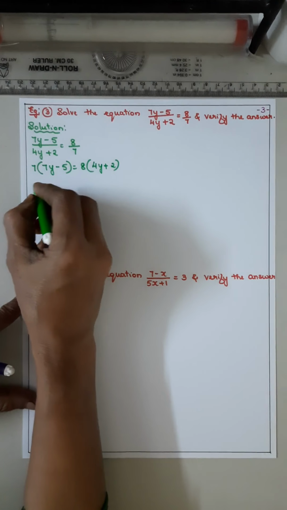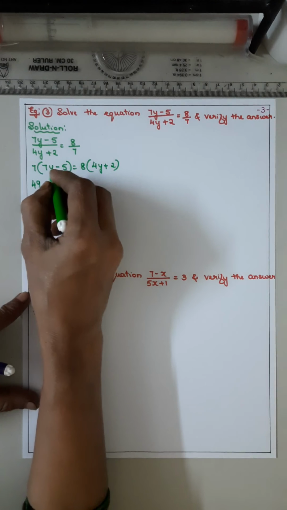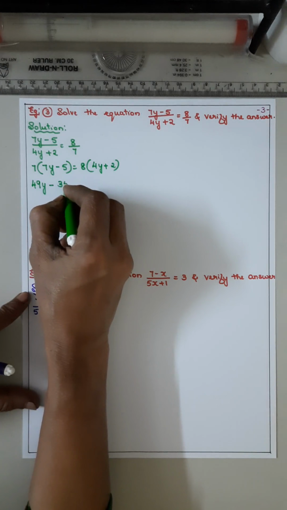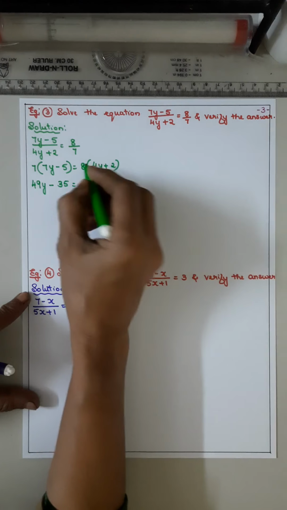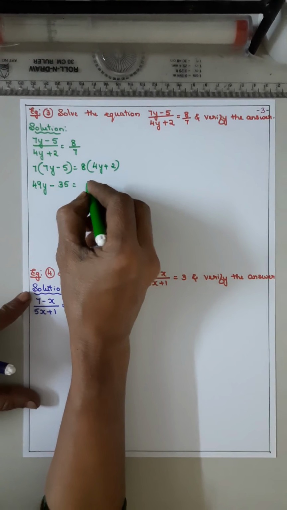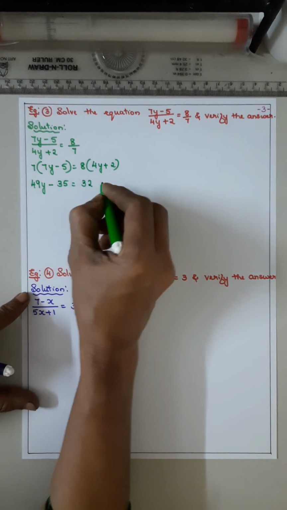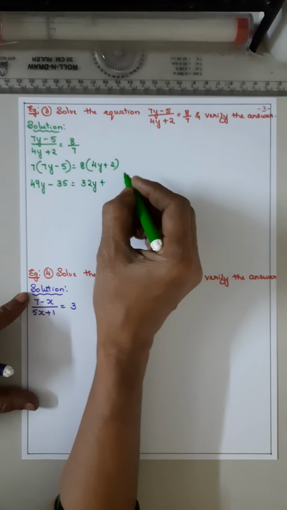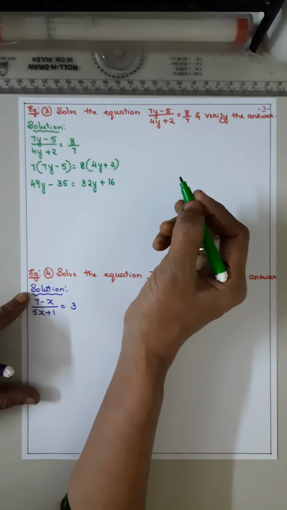Now 7 sevens are 49y, minus 7 5s are 35, 8 4s are 32, and y sign is plus, 8 2s are 16.